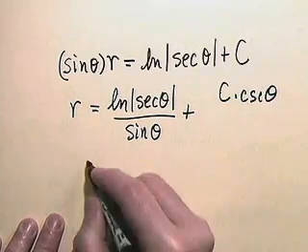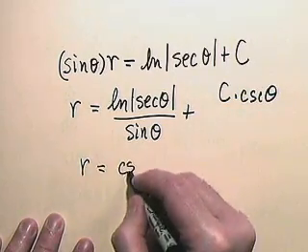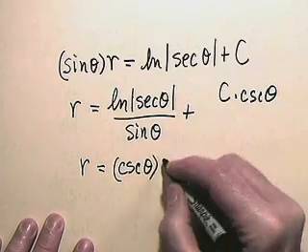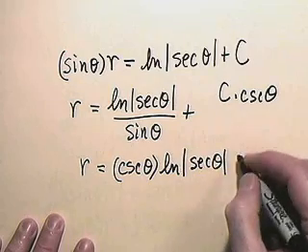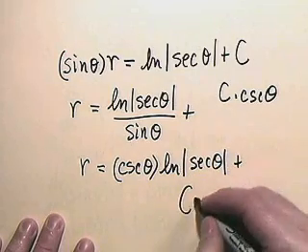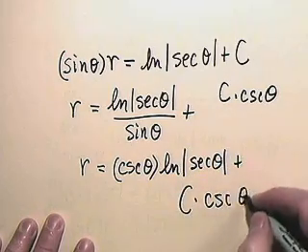So we could write this as r equals cosecant theta multiplied by natural log absolute value of secant theta plus constant of integration times cosecant theta.